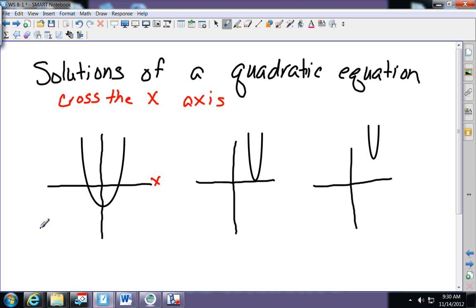In this case, they cross once, twice, so here there are two solutions. Another number of solutions we can have is if it just touches in one spot, where there's one solution. Or if they don't touch at all, there's no real solution.